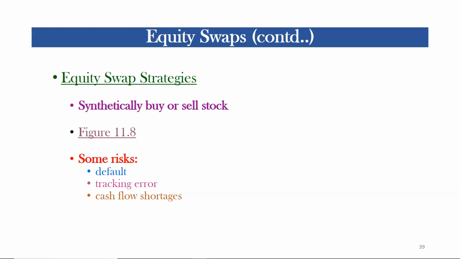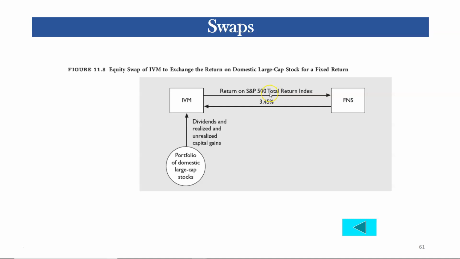Figure 11.8 illustrates how IVM uses the equity swap in the example to change its equity exposure to a fixed bond portfolio synthetically. It agrees to pay the equity return on the S&P 500 index to FNS and receive fixed 3.45%. This helps it to change the exposure of its portfolio of domestic large cap stocks from equity to fixed.